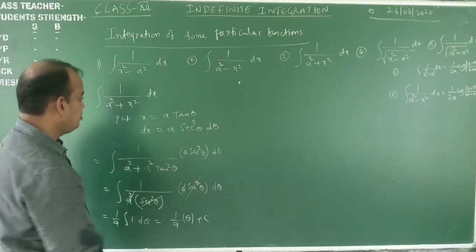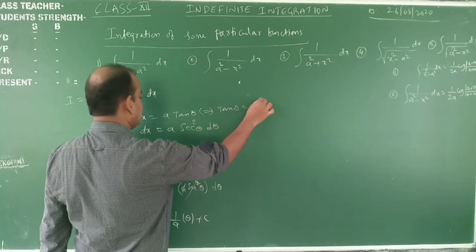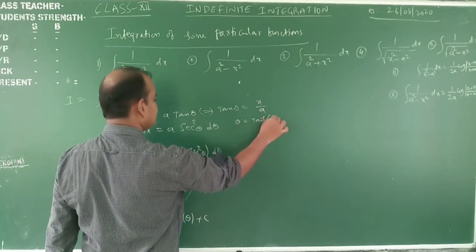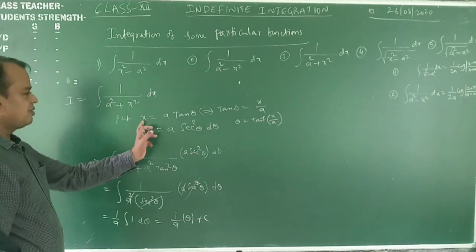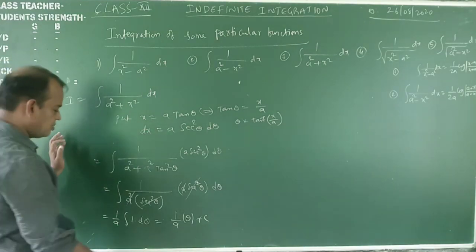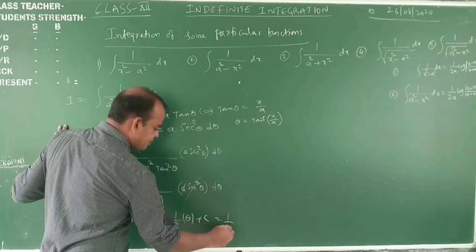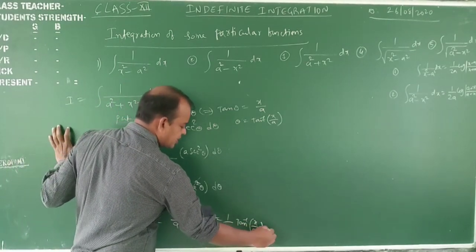Now we will find theta: x is equal to a tan theta, so tan theta is x by a, and theta is equal to tan inverse of x by a. That is equal to 1 by a tan inverse of x by a plus c.